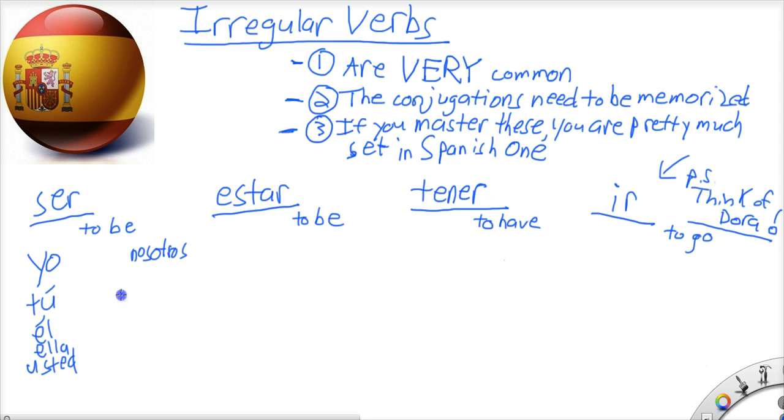And of course, the second person plural used only in Spain, vosotros. And then you have the plurals ellos, ellas, and ustedes. Now these subject pronouns are the same subject pronouns, obviously, for every single verb. So, having said that, let's start to conjugate.